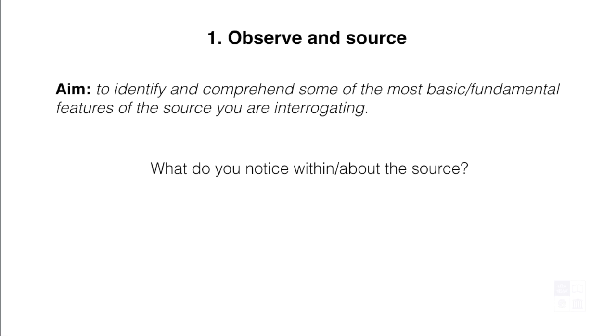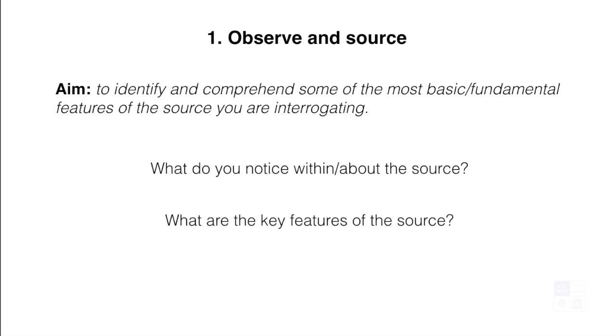What is being portrayed in the photograph? But also, this question is asking you to think about what you notice about the source. Are there any labels attached to the source? Any annotations perhaps, or captions that might come with a photograph that tell you when it was created, who created it, maybe some of the circumstances under which it was created? Noticing those issues about the source are often as important as noticing what is within the source itself.